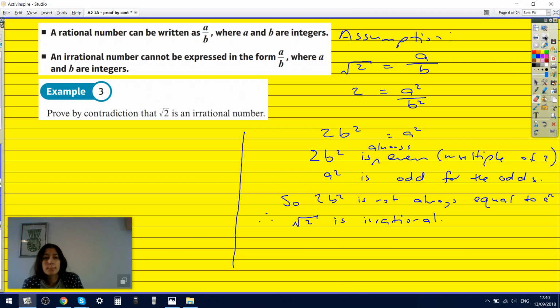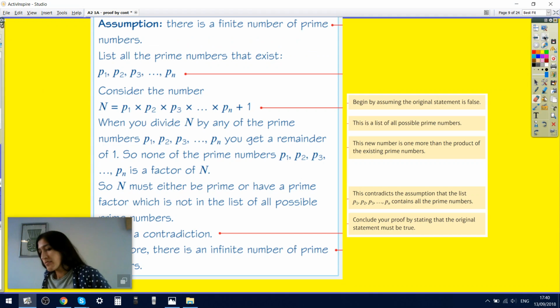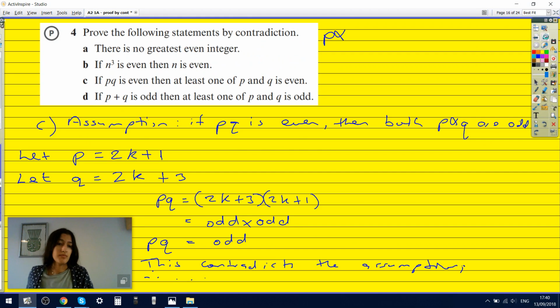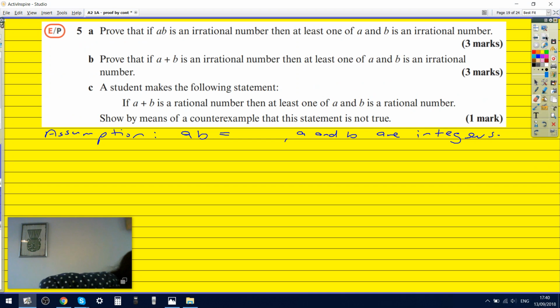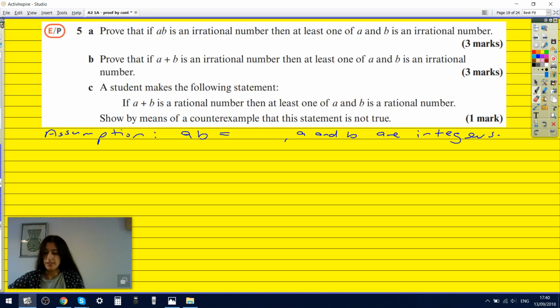Rational number root 2 equals A over B. So I think I might just need to say C over D, something like that. Okay. So AB equals C over D, and C and D are integers.